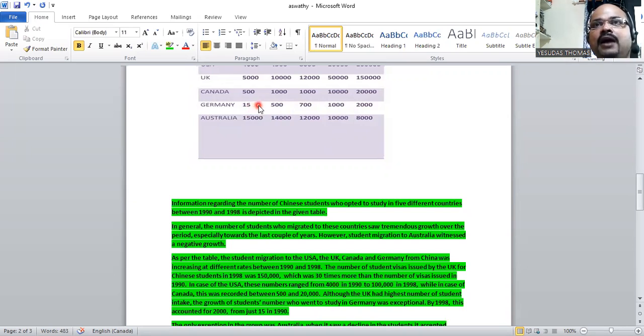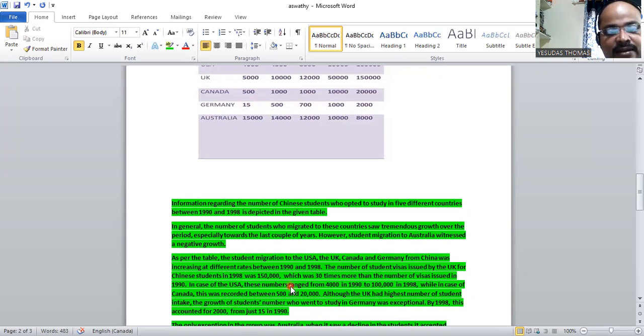It's more than 100 times in case of Germany. So even though the figures are just 15 and 2,000, the growth from 15 to 2,000 is something exceptional between the period.